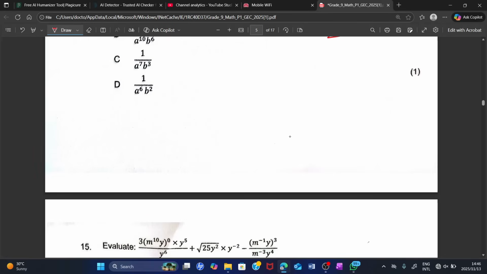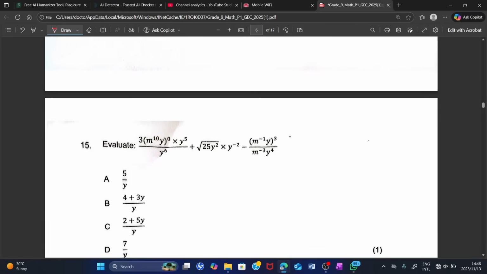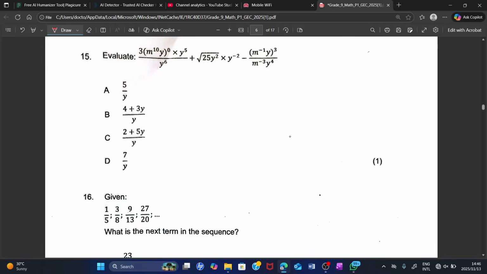Now, in this video, the next question, we'll be talking about question 15. Now, what's happening at question 15? So we're going to say 3. This will be 1 because anything to the power of 0. Now, 5 minus 6, it will be y to the power of -1. Plus, square root of 25, it's 5.